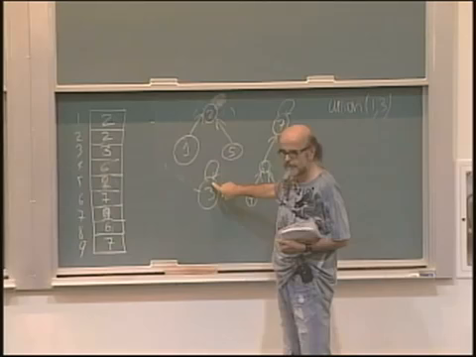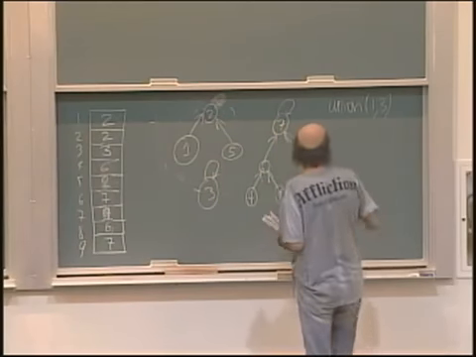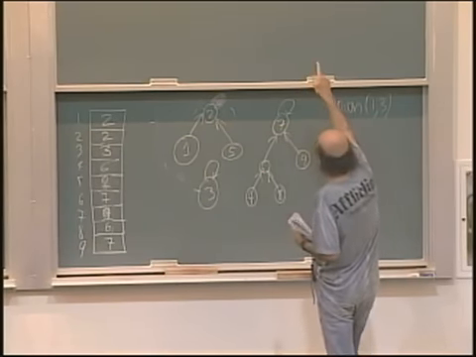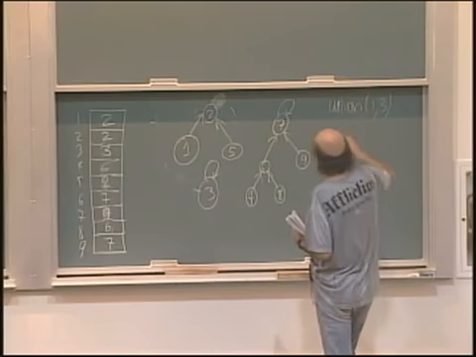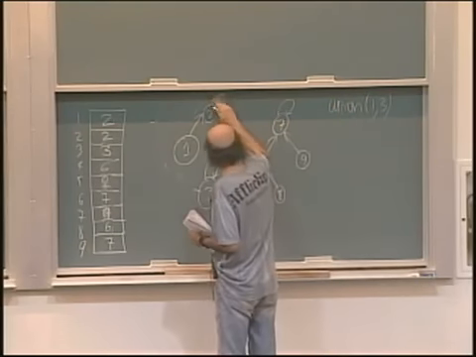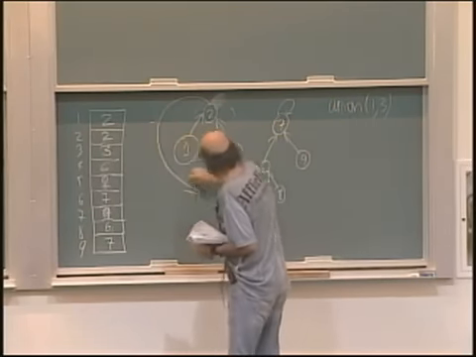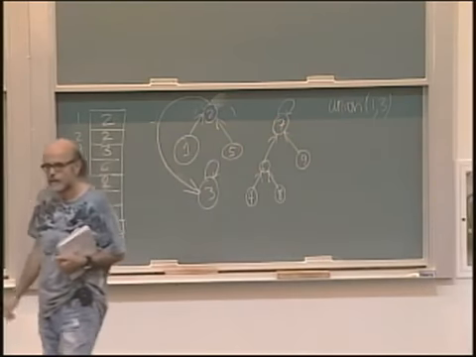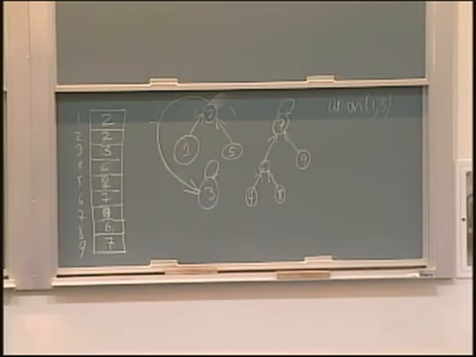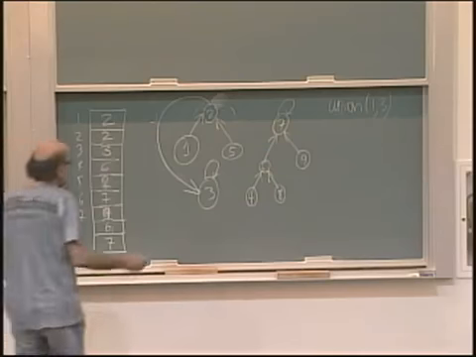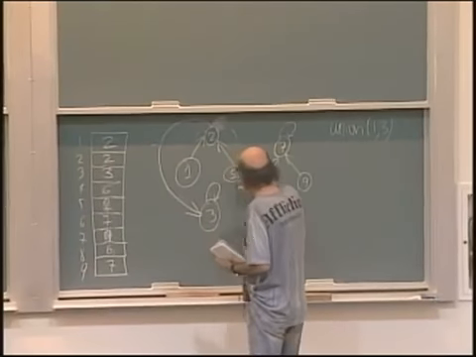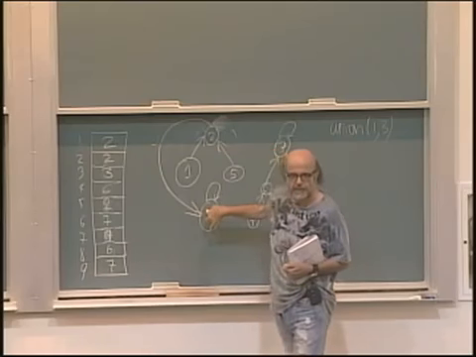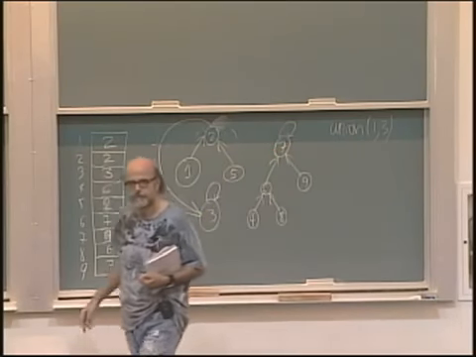What's the find of 3? All right? So my x is 2 and my y is 3. And then I make the pointer of x point to y. Right? And now these two components are united. If I want to know where is 5, pointer jump, 3. Correct answer.